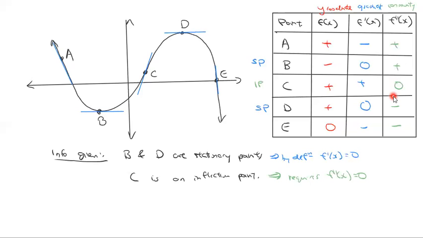But then, oh wait, one sec. I think if the curve itself is increasing, then it's positive. But then isn't A, for example, increasing? No, A is decreasing because it's going down as you go to the right.